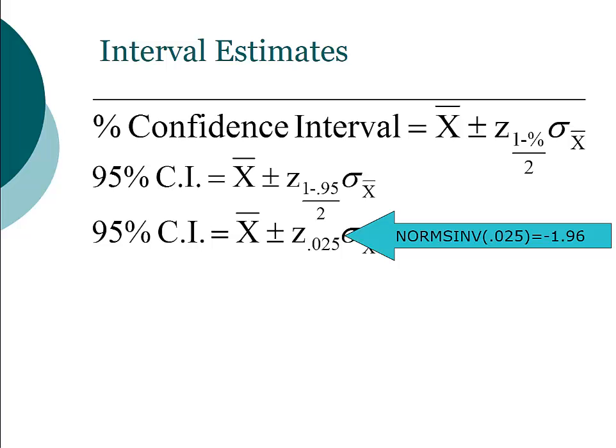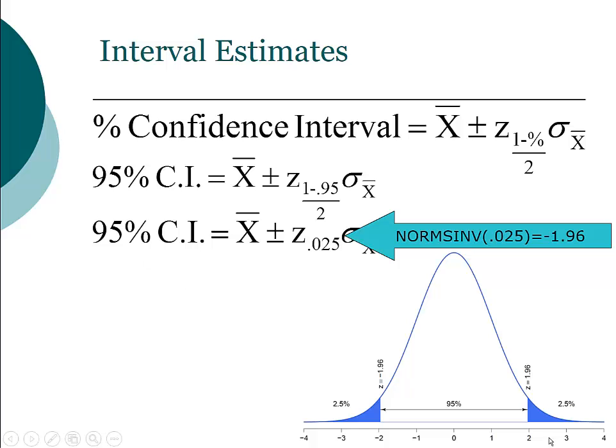It's not that number exactly, but it's usually close enough. Okay, so we're just going to plug in 1.96. Oh, here it is. So you can see that 1.96 contains the upper 2.5%, and the negative 1.96 contains the bottom 2.5%. So we've got two tails there, and 95% in the middle.